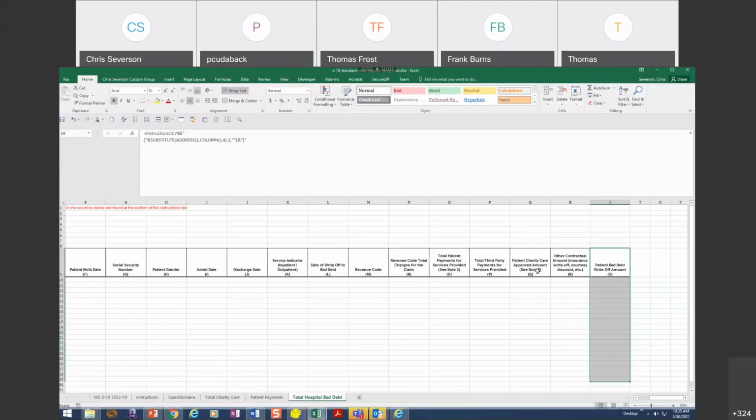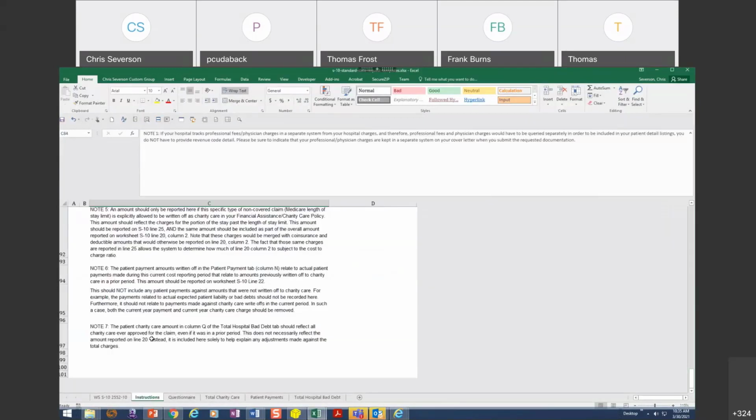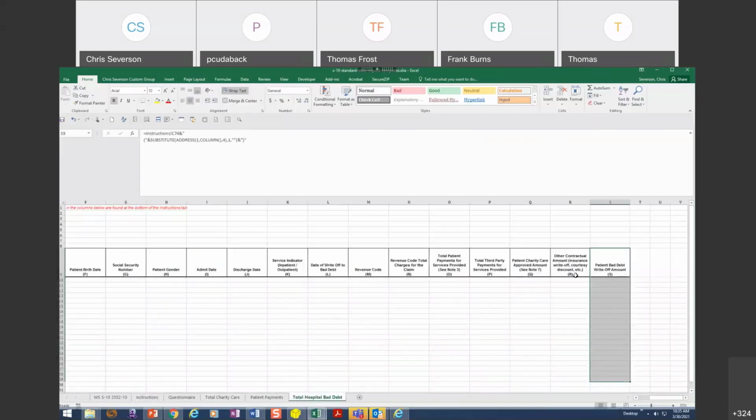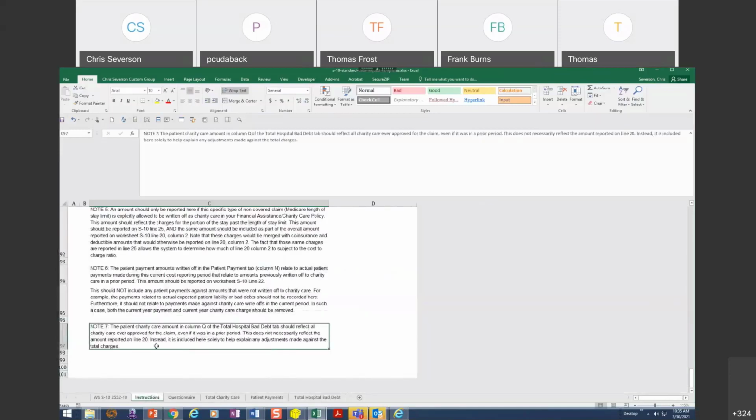Let's see, note 7. Yeah, let me go back to note 7. I think we missed that, and that is an important one too. So the bad debt tab, we have some charity care approved amount, but it's not necessarily going to be the same as the charity care approved amount from the total charity care tab. It's all about the timing of it. So note 7 says the patient charity care amount in column Q of the bad debt tab should reflect all charity care ever approved for the claim, even if it was in a prior period, because we want to know the ultimate disposition of that entire claim before it finally got to a bad debt status.